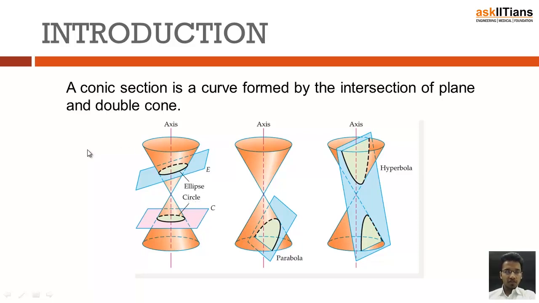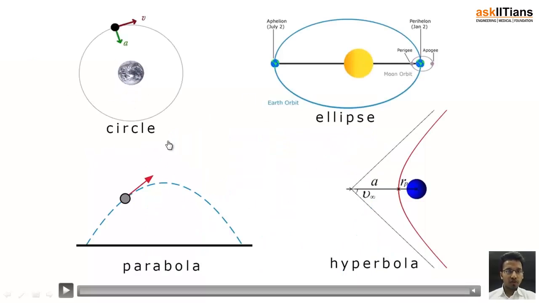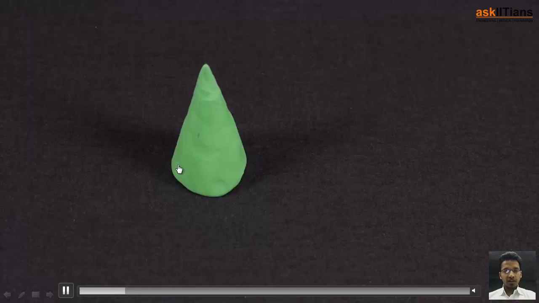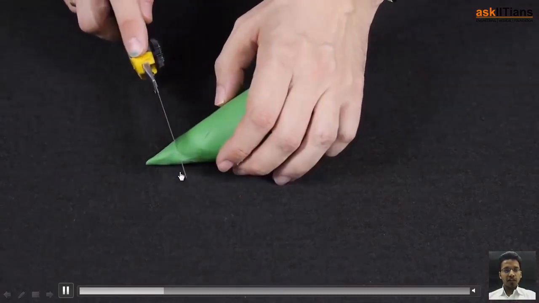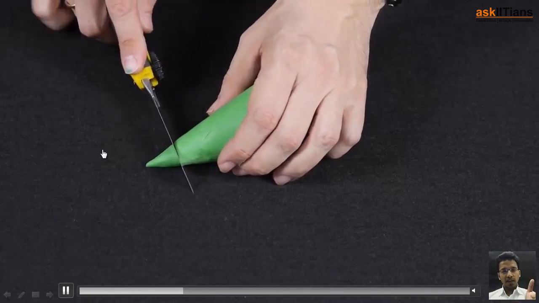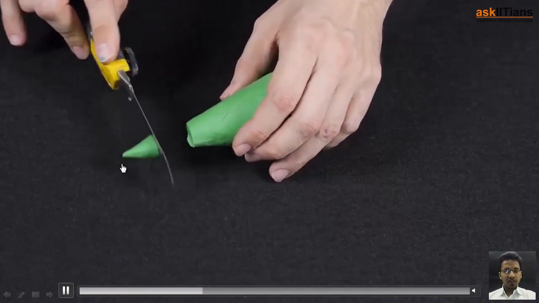So as shown here, the 4 conic sections are being displayed. Let's see how we get the 4 conic sections: the circle, ellipse, parabola and hyperbola. As I mentioned, if we cut it parallel to the base, we get a circle.